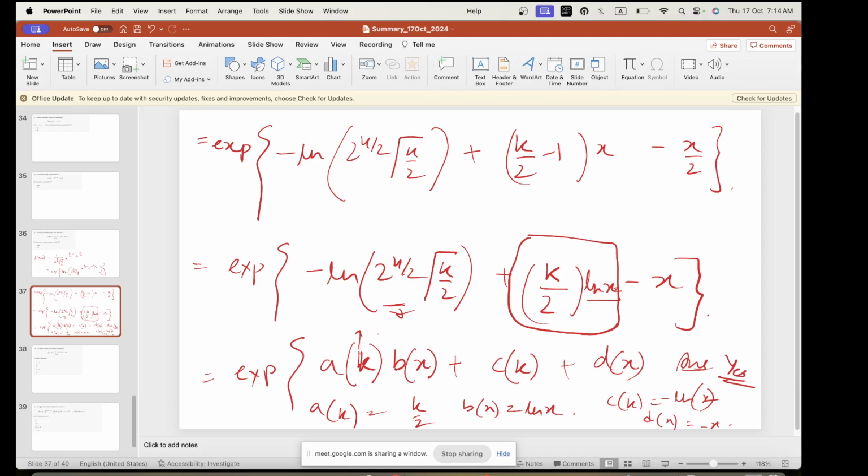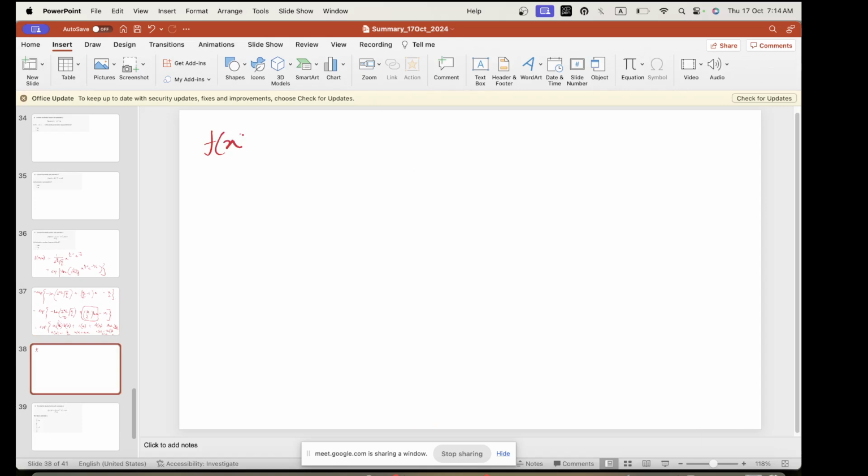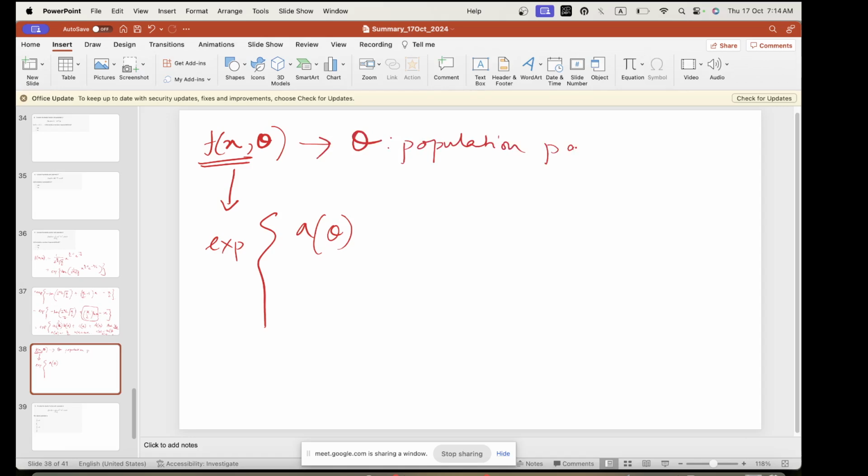In the general expression a(k) b(x) plus c(k) plus d(x), if any pdf, if any f(x) can be written in the form of e to the power a(theta) b(x) plus c(theta) plus d(x), where this is your pdf or probability distribution, and theta is the population parameter of interest.